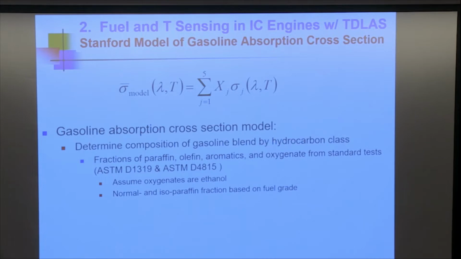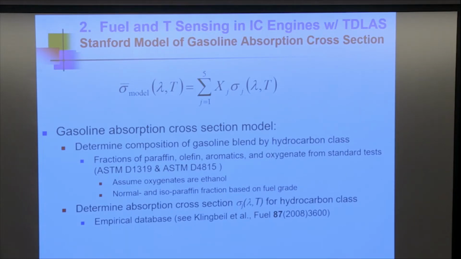We knew something about the relationship between normal and iso based upon fuel grade. Adam Klingbeil is the student who did this. Looks like he did it around 2007 or so, 15 years ago. And that was the goal. So we built an empirical database. How do you do that? Adam would gather up a number of paraffins, normal and branched.